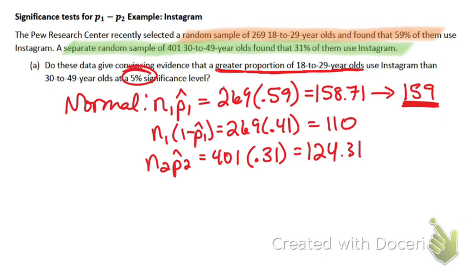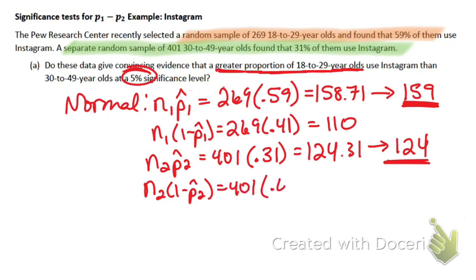No, I cannot. So what do I do? 124. There were 124 30 to 49-year-olds that were using Instagram in the sample. So now I do N2 times 1 minus P hat 2. 401 times 0.69. 277. 277 failures not using Instagram in the 30 to 49-year-old group.